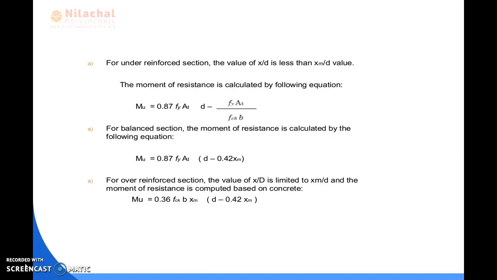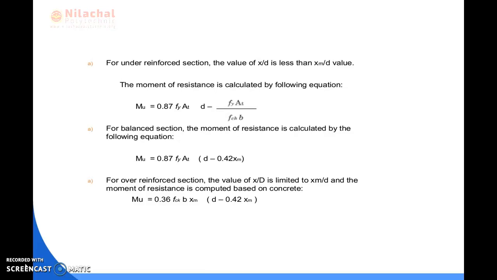For an under-reinforced section, the value of x by d is less than xm by d. What is x and what is xm? We know x is the depth of neutral axis and xm is the maximum depth of neutral axis.